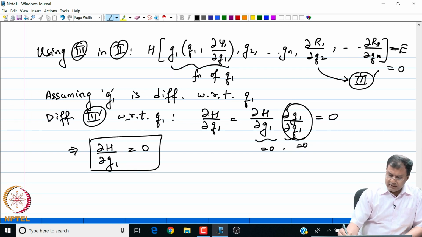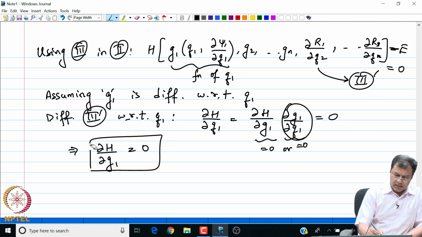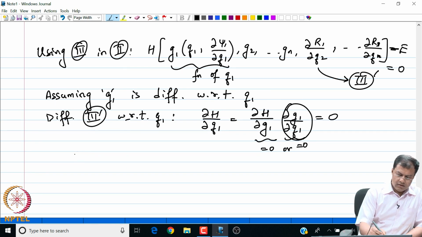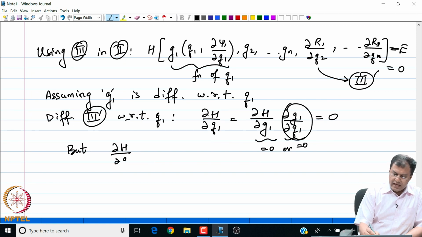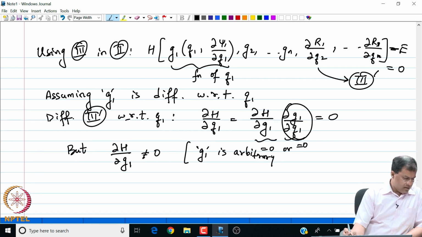So either this is 0 or this is 0, but del H del G1 cannot be 0, right, because otherwise... and the answer to this reasoning is because G1 is arbitrary, it's quite general.